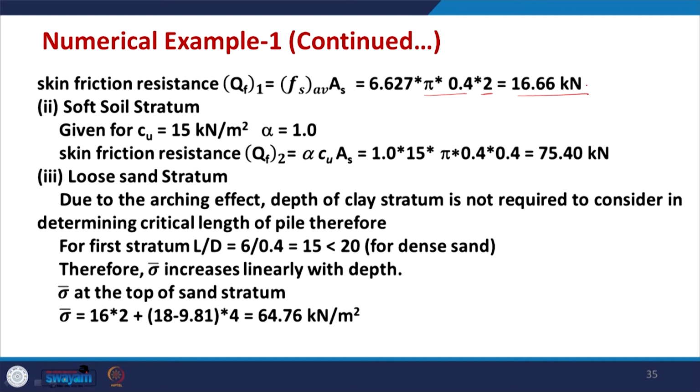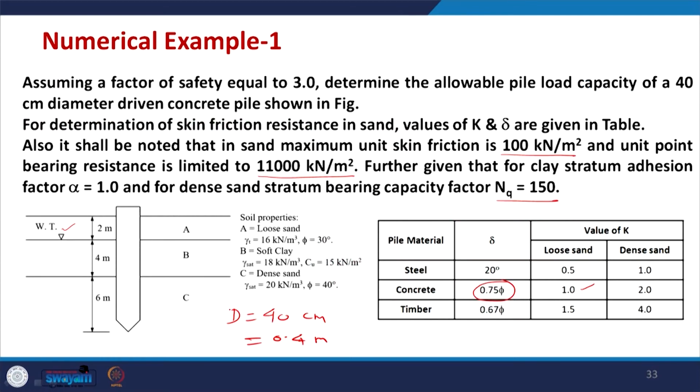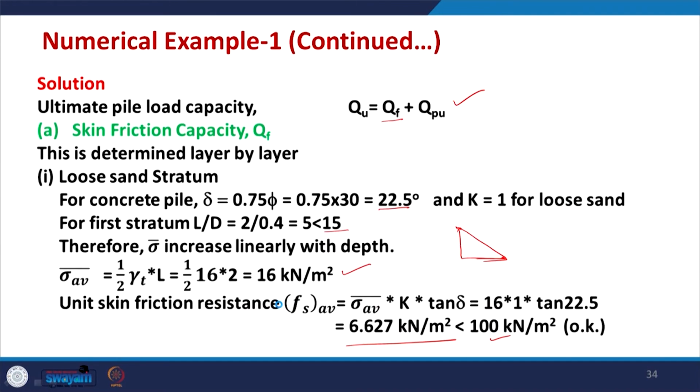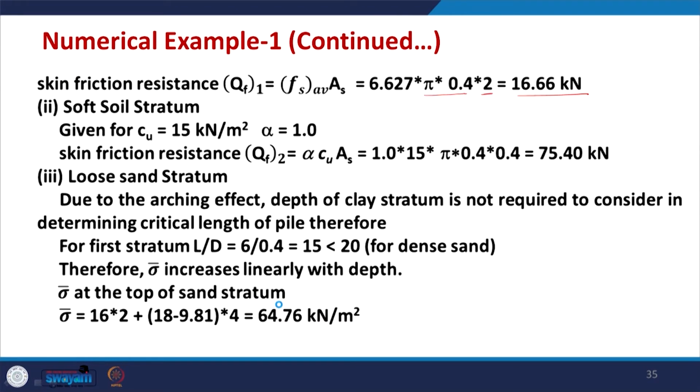Similarly for the second layer, but the second layer does not consist of sand, rather it is clay. So, for the clay, Fs average will be found using this equation, alpha into Cu.